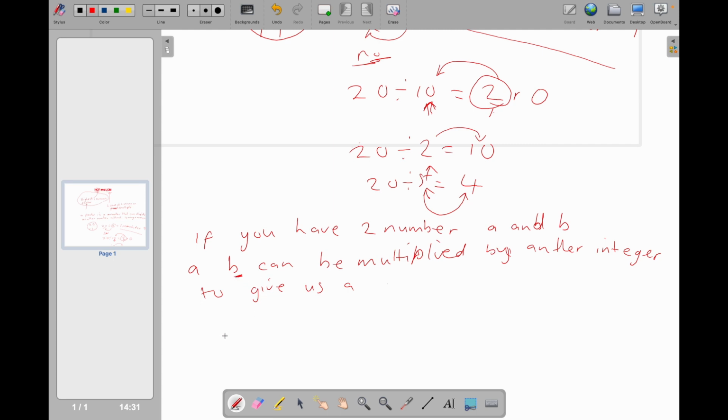What am I saying? We have B multiplied by 2 equals A. So if it's like this, it means B is a factor.